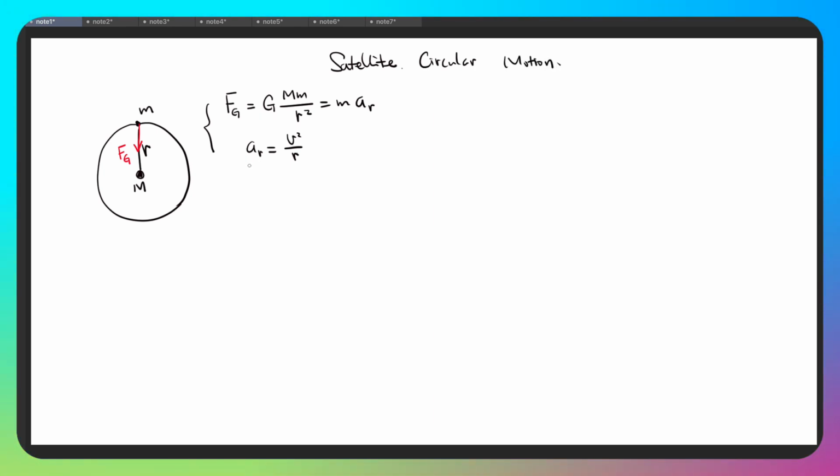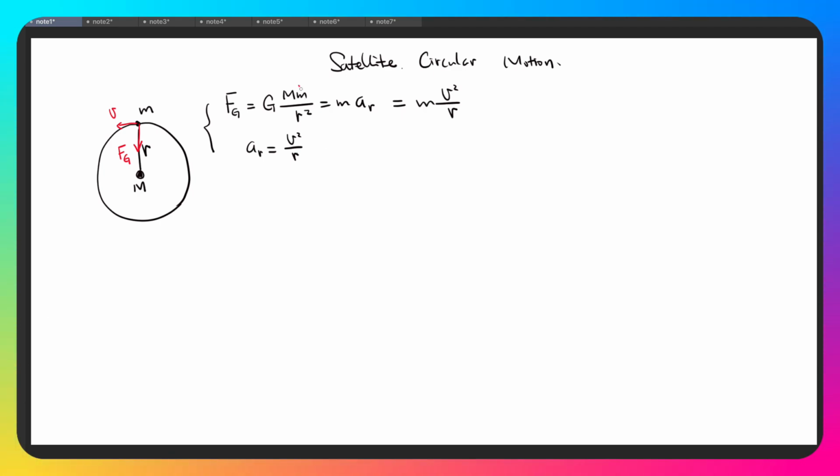So now let's say I want to figure out the speed of the satellite at this instant. What's the speed v here? Okay, now I can plug in the first equation, a_r's expression. So we get m v squared over r.